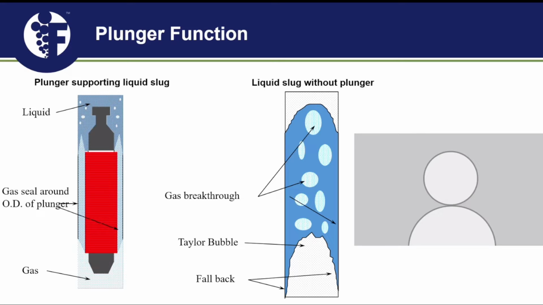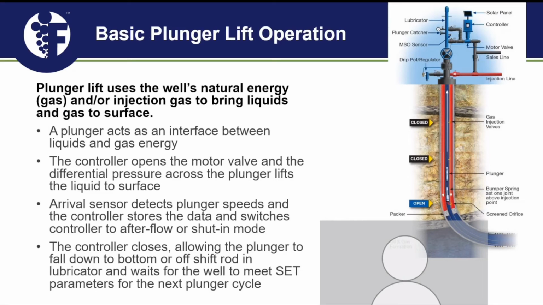We'll dive into the application and the operations of the system. So the plunger itself, this little piece here, is essentially free falling throughout the well, right? Its cycle begins at surface, in what we call the lubricator, and then it's allowed to fall through your production tubing and reaches the bottom, typically a bumper spring.